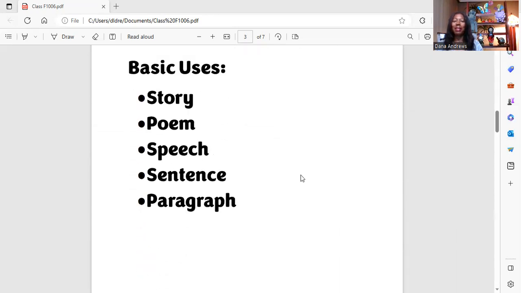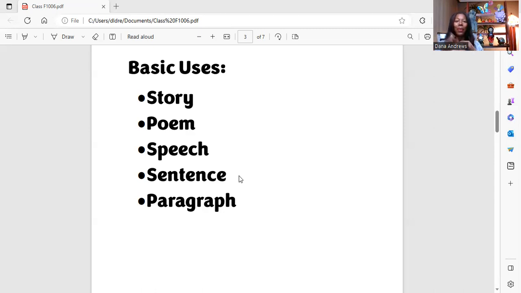Of course, the basic uses. Write a story, you can talk about something, use a few lines in that story, a poem, a speech. Yes, a speech. You could be running for an office, student body office or something, and throw in a nice figurative language line, get the kids all hyped as you say your speech. Sentences, there's always an opportunity for sentences because all the time you have to write sentences with those spelling words.